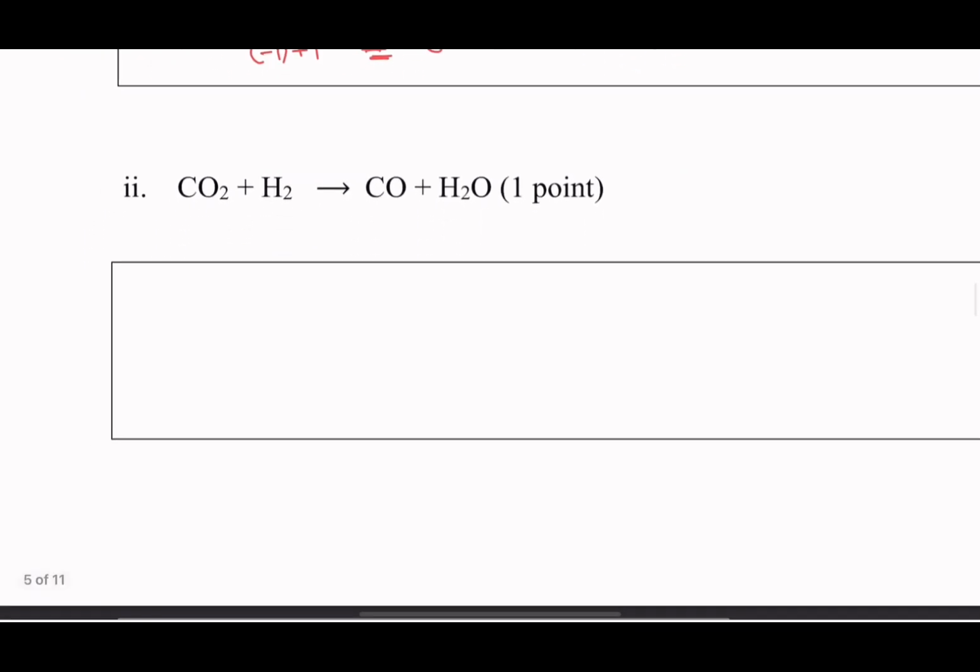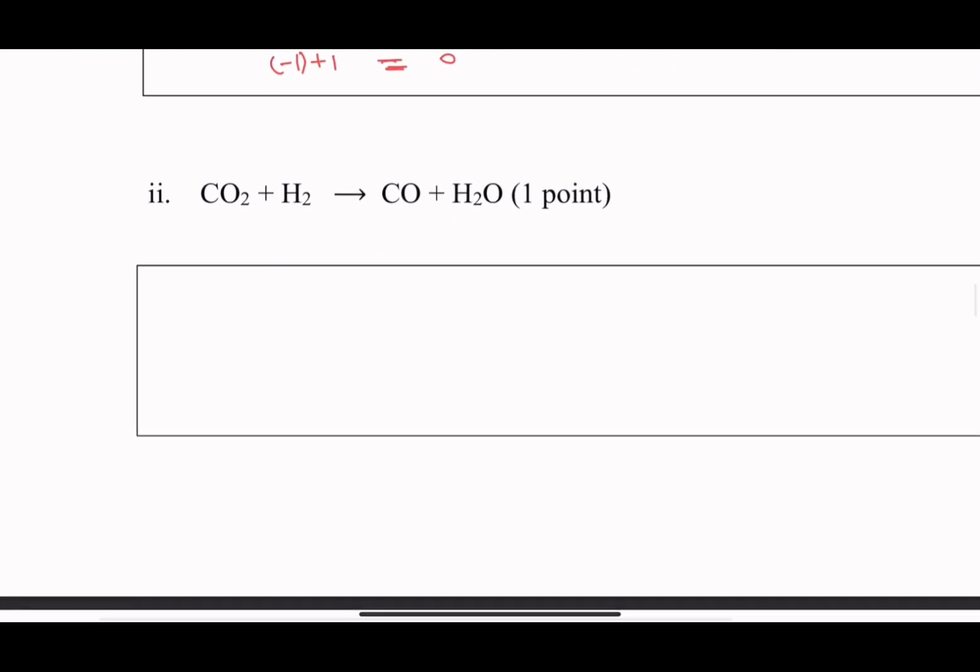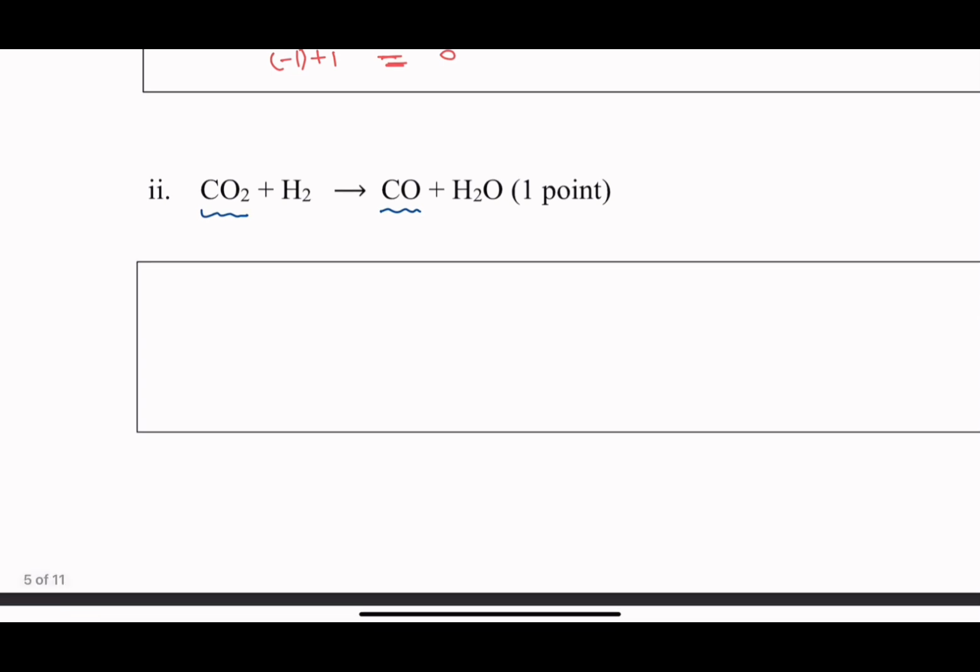Okay, now we go down. We can say that using oxygen, CO2 lost 1 oxygen and made CO, so we know that it reduced. But now I'm asking regarding the oxidation number, where the oxygen number went from 2 to 1. It is reduction. But now let's write it using the oxidation numbers. Hydrogen by itself is 0.